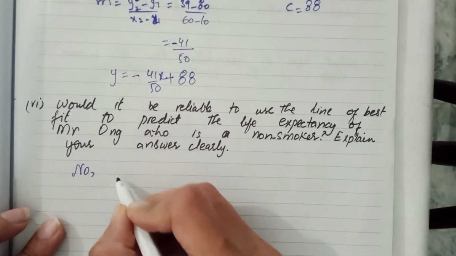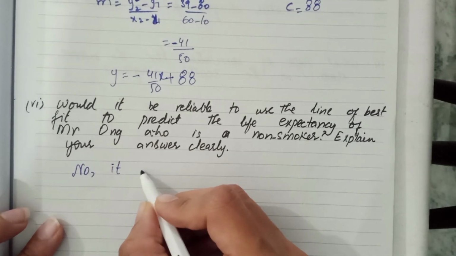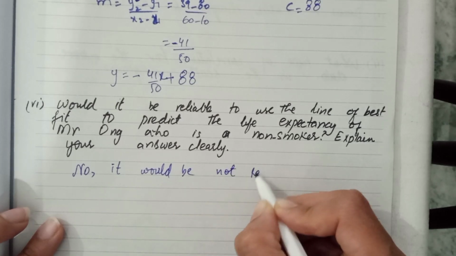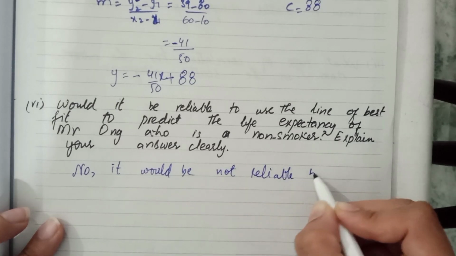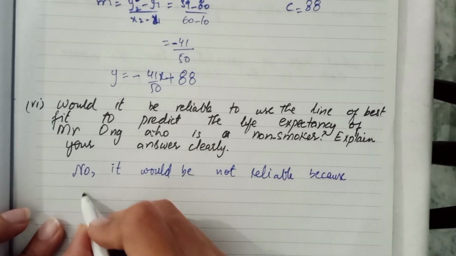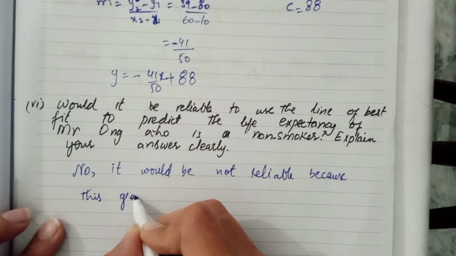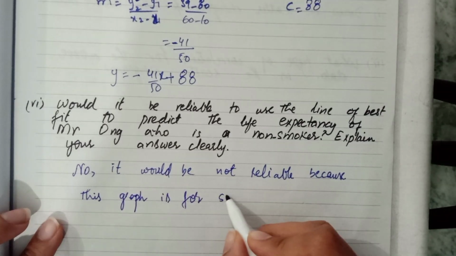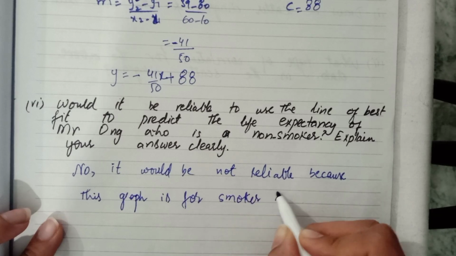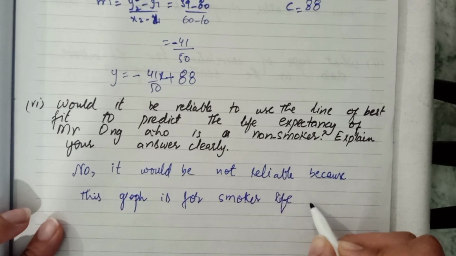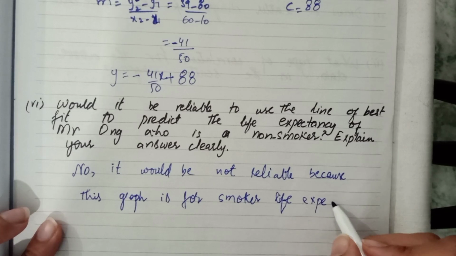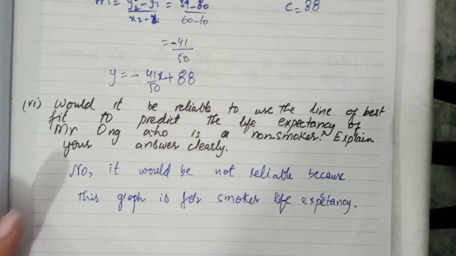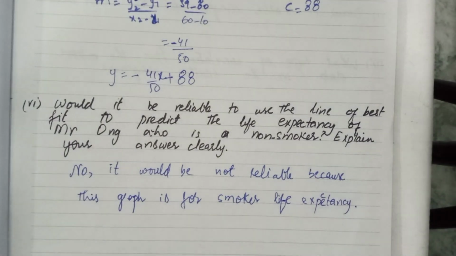So the answer is no. It would not be reliable because this graph is for smokers' life expectancy. Yes, students. Now, question number 15 is solved.